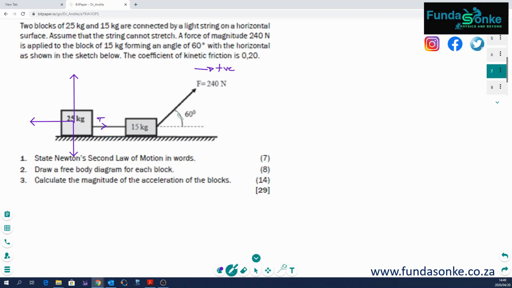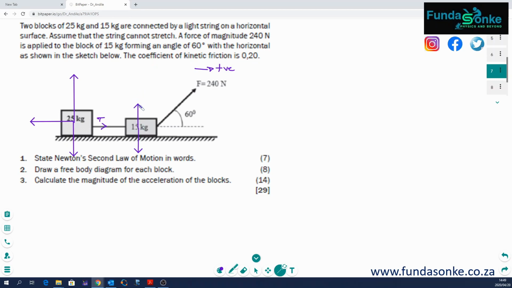Now, if you consider the second mass or block, in this case the 15 kg block, again, same thing, we'll have our weight or force due to gravity acting downwards. Then we're also going to have the normal force acting upwards.